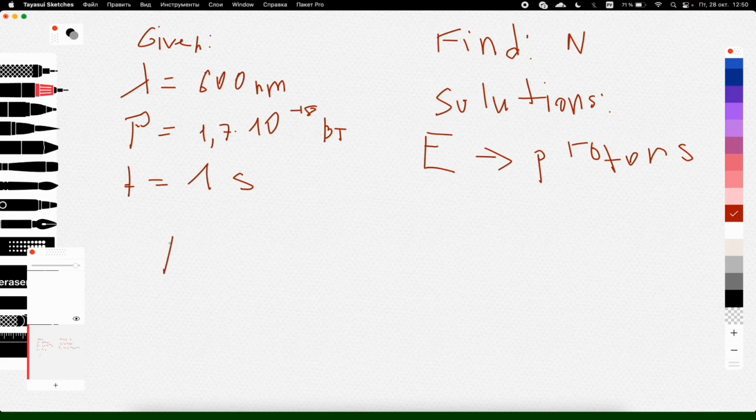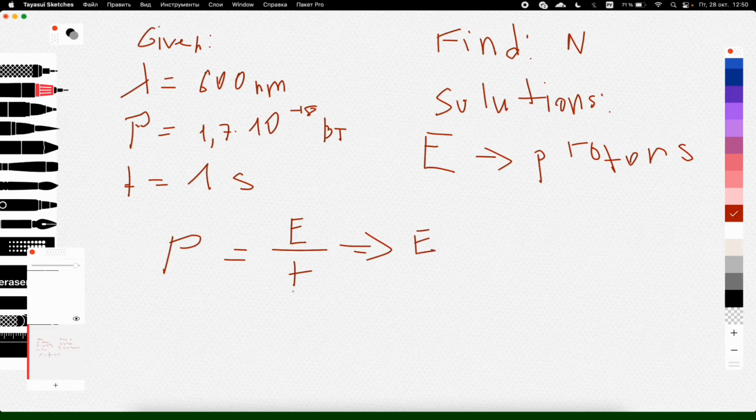We know the equation P equals E divided by t, and obviously the total energy of all photons is equal to the product of the energy of one photon, assuming all photons are the same, by the number of these photons.